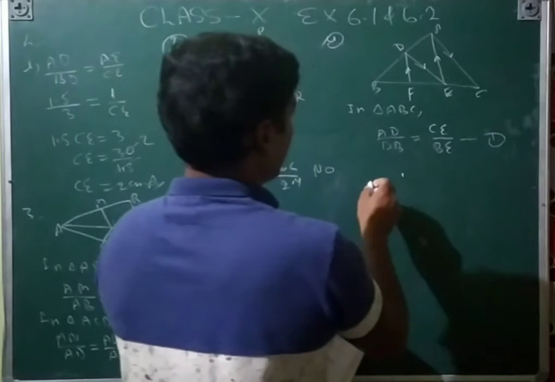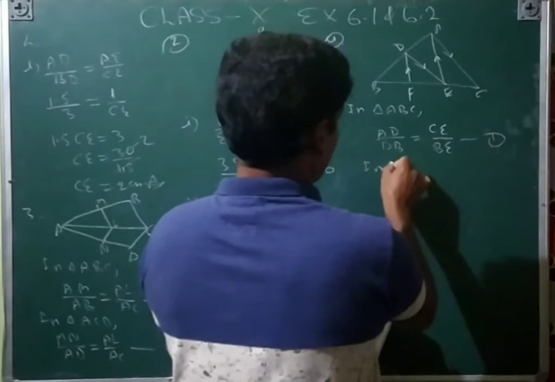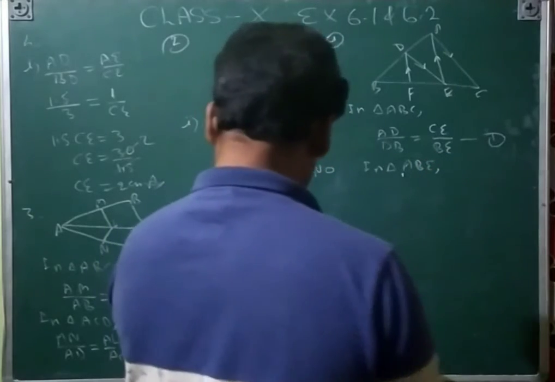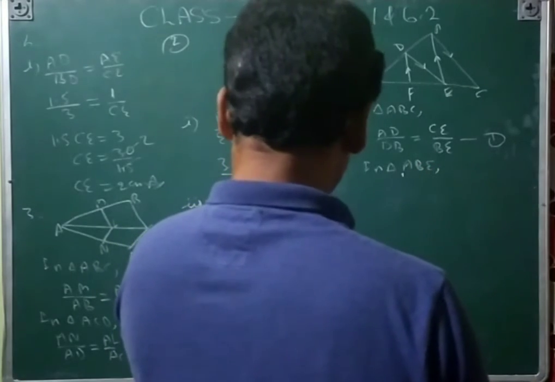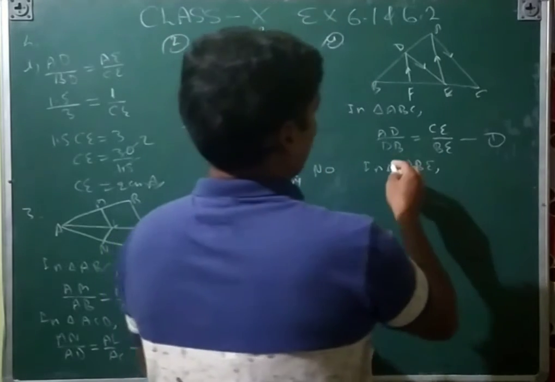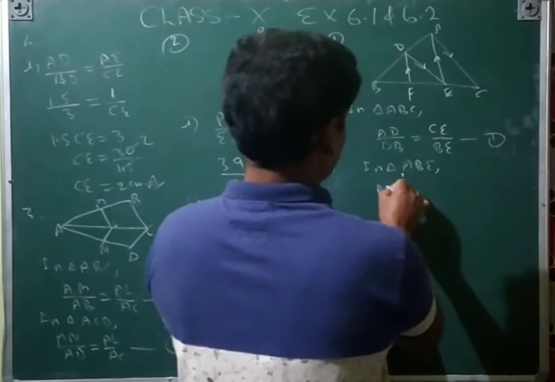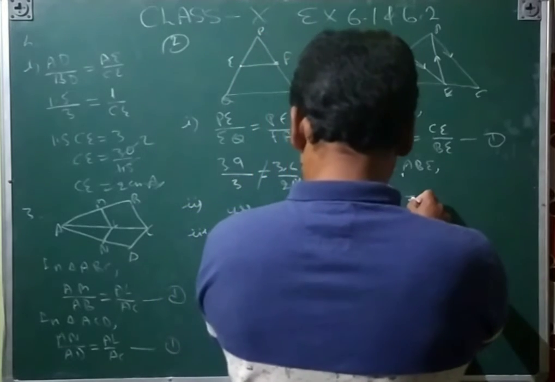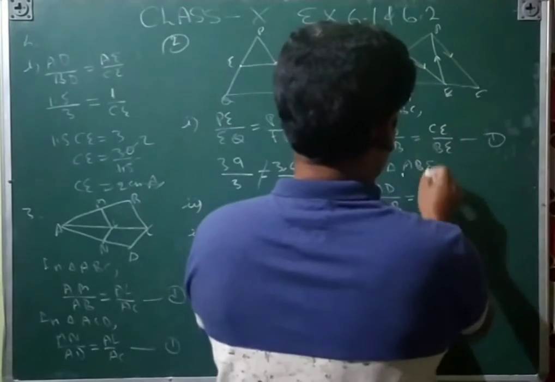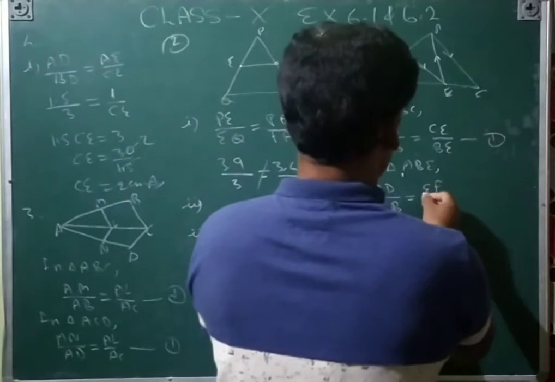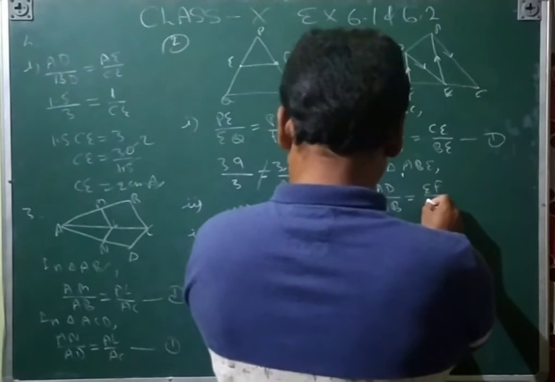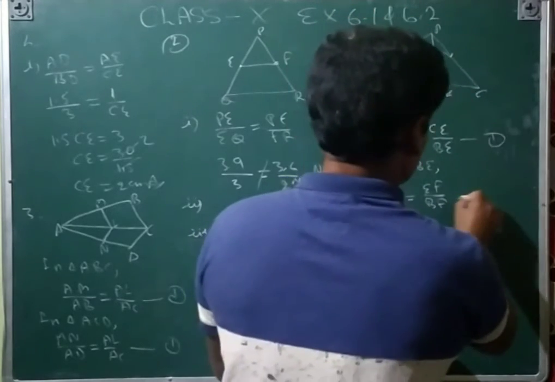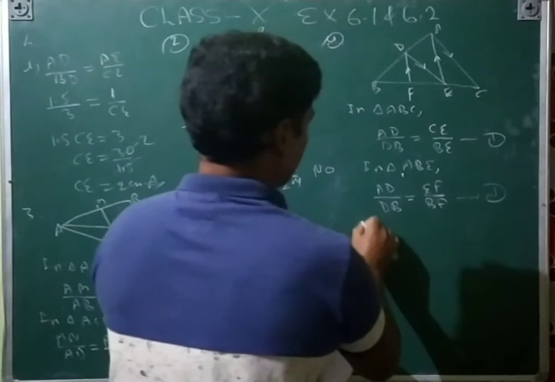Now in triangle ABE, AD upon DB is equal to EF upon BF. This is the second equation.